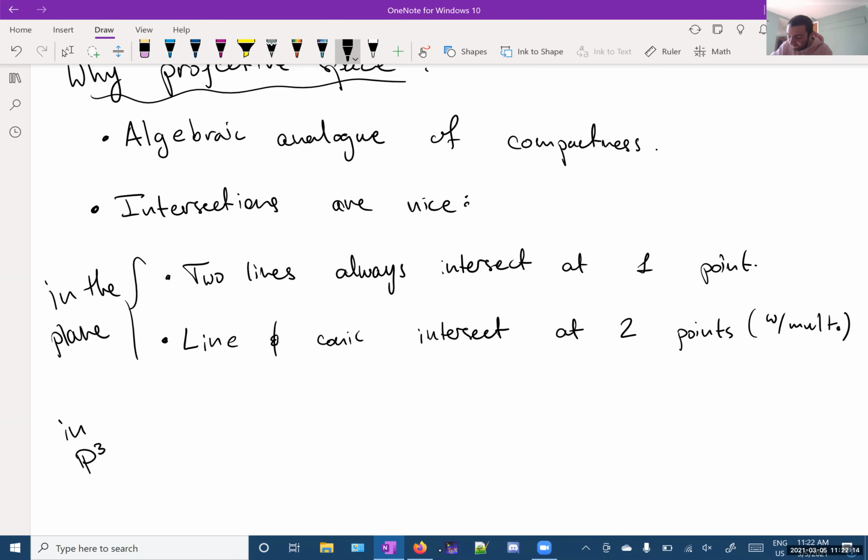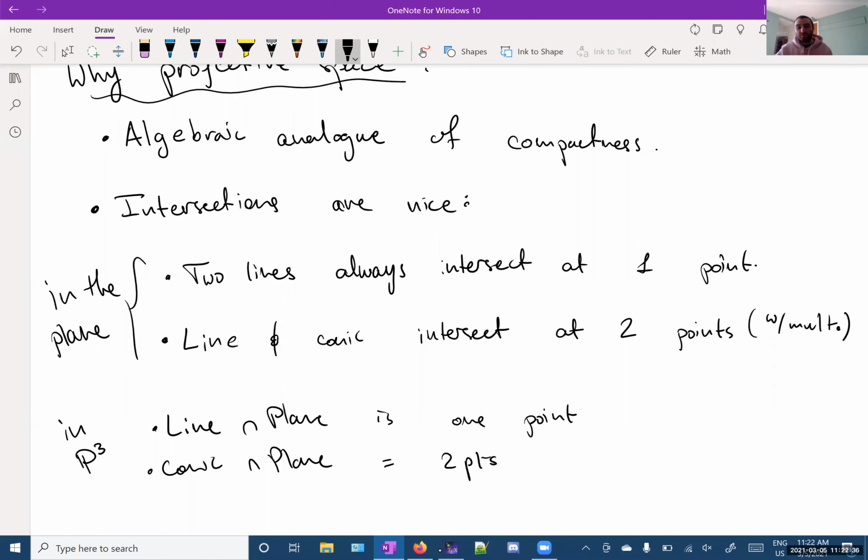In P3, a line intersect a plane is 1 point. Similarly, a conic intersect the plane is 2 points. Again, with multiplicity, maybe.